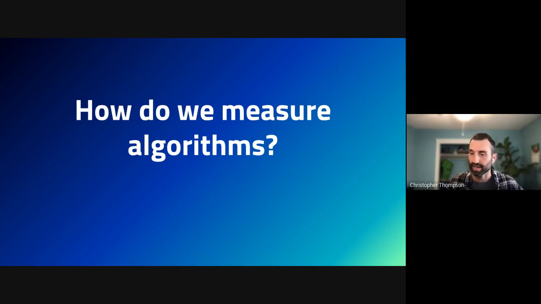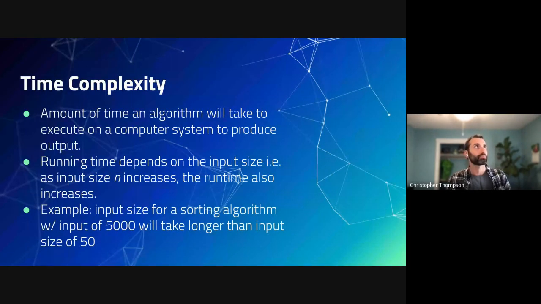So we want to compare across all of those. We want to not account for CPU and different chipsets. We want to just take that away and say this algorithm will execute faster than this algorithm, or takes up more space or less space than this algorithm. Okay, we need a way to measure that.